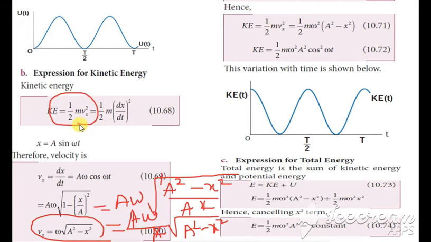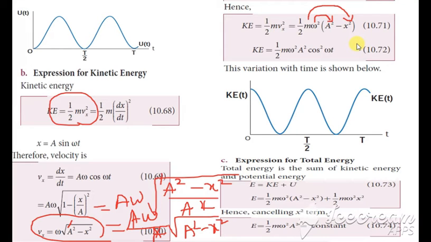So this is half m into v square, is it not? So instead of v, if you substitute this here, the square and square root get cancelled, so we get half m omega square into a square minus x square. Now if you multiply this inside, we get half m omega square a square minus half m omega square x square.